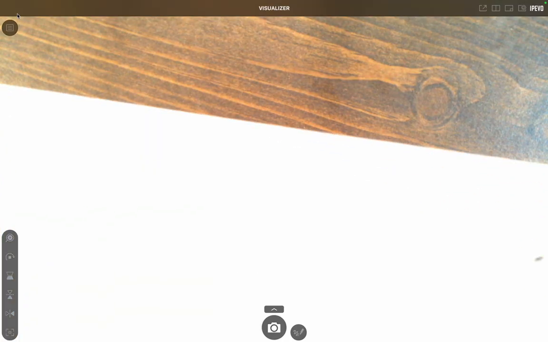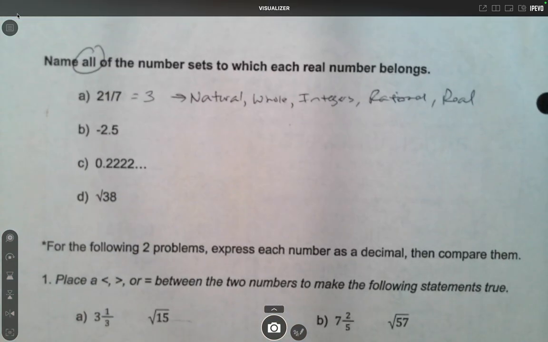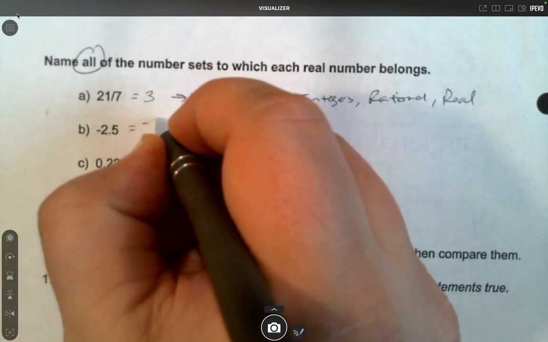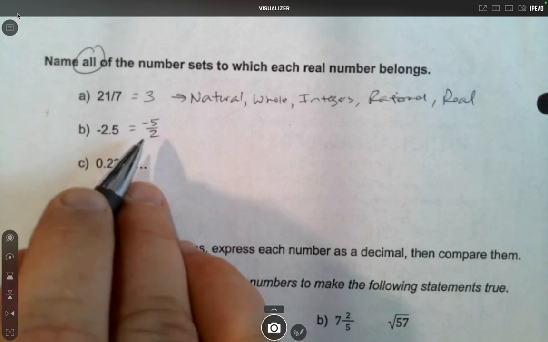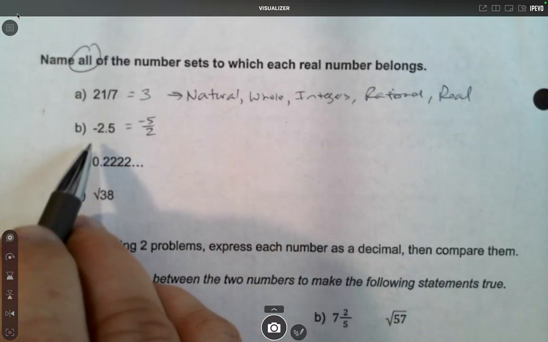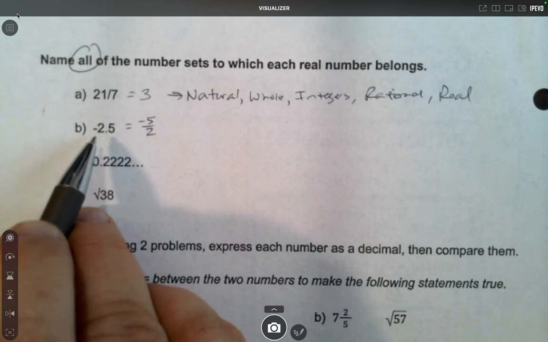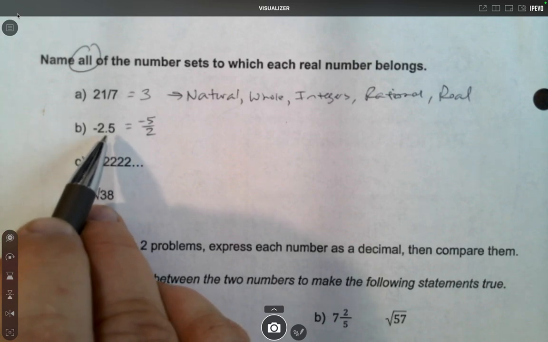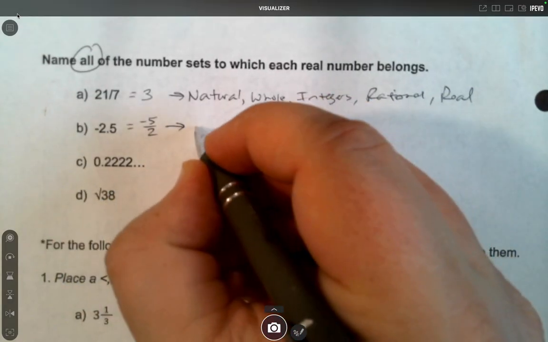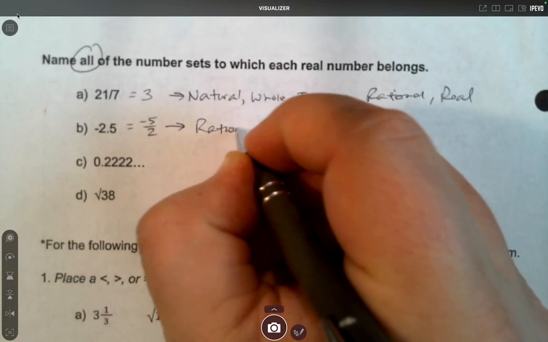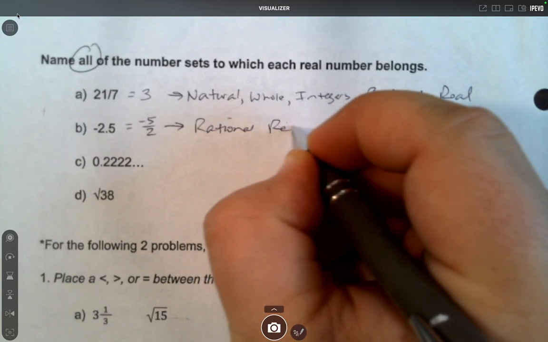It is rational because we could make that a fraction. We could make that negative 5 over 2. Now, you don't have to write the fraction for me. I'm just trying to show you how this is rational. You could also just remember that since this is a decimal that ends, that means it is rational. So all we have to write for this one is rational and real.